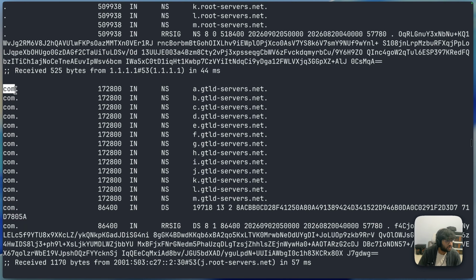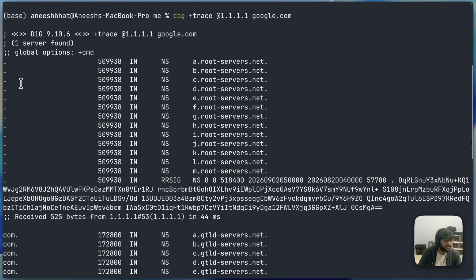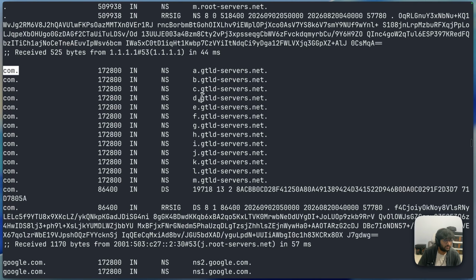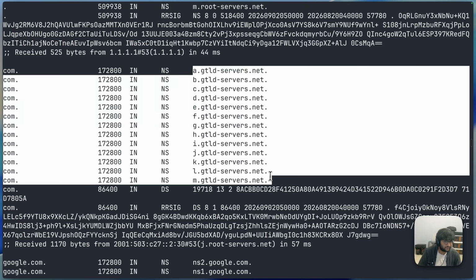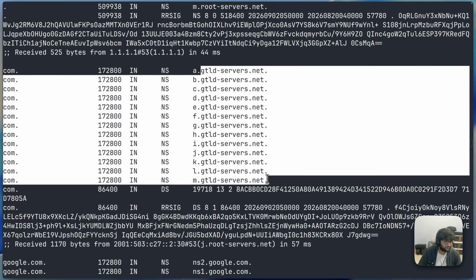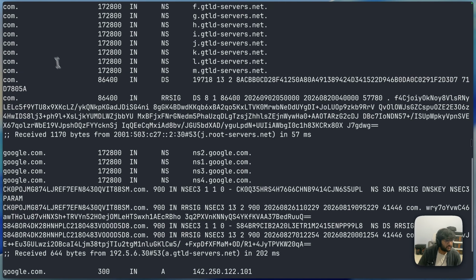You see com dot. Right. First it tried to find dot here, right? Then it tried to find com dot. With multiple servers, not one server, there are multiple top level domain servers. After that, it goes a little bit lower and goes to google.com, because the last one here said, hey, this is where it is, check it out.